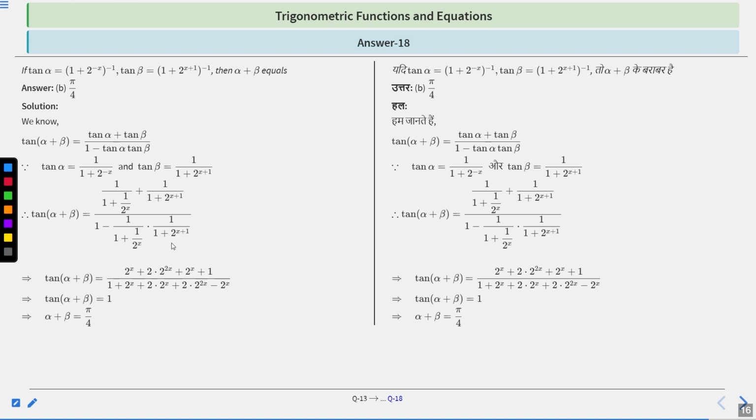Therefore, tan(alpha plus beta) is equal to 2 to the power x plus 2 into 2 to the power 2x plus 2 to the power x plus 1 upon 1 plus 2 to the power x plus 2 into 2 to the power x plus 2 into 2 to the power x minus 2 to the power x. Now, this 2 to the power x and this 2 to the power x will be cancelled out.